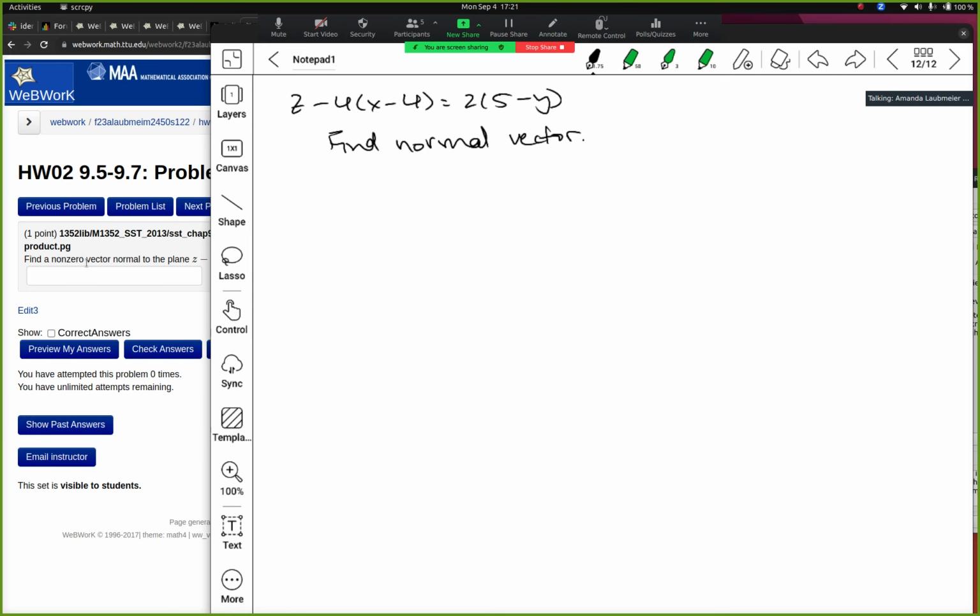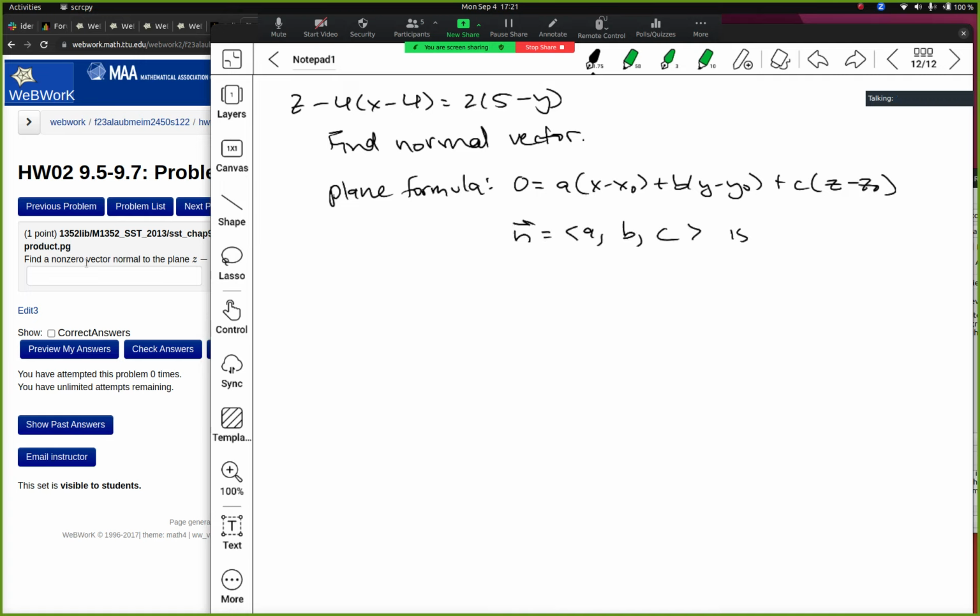But we know that the formula of a plane is like this. 0 equal to a times x minus x0 plus b times y minus y0 plus c times z minus z0, where n equal to a, b, c is the normal vector. And x0, y0, z0 is points, but that doesn't come up in this problem.